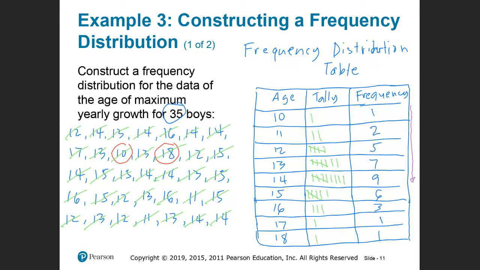And when you're looking at beyond 14, 15, it's slowly decreasing, as you can see going there. So increasing from 10 years old to 14 years old, and it's slowly decreasing after that.